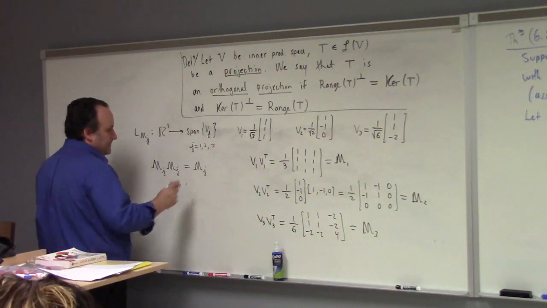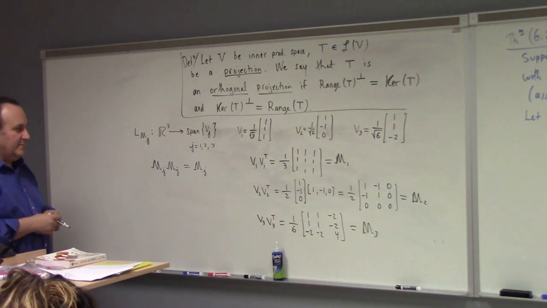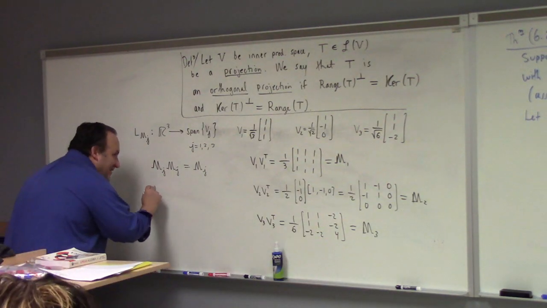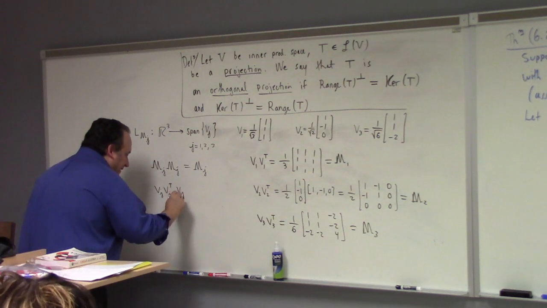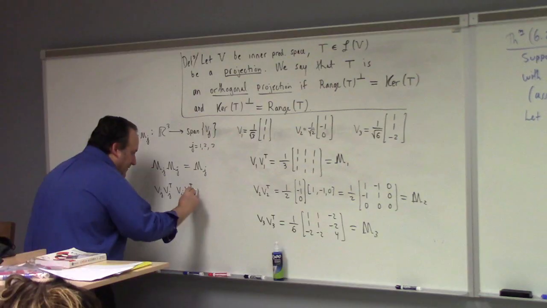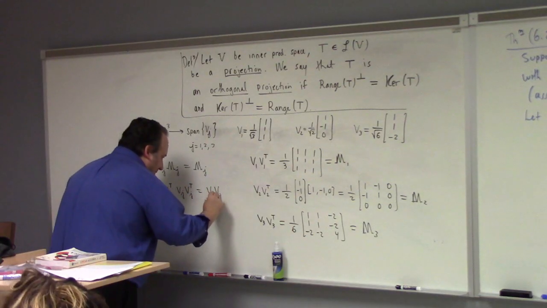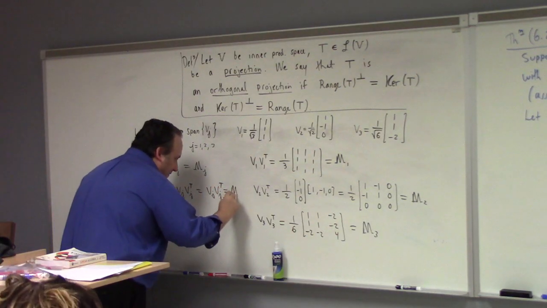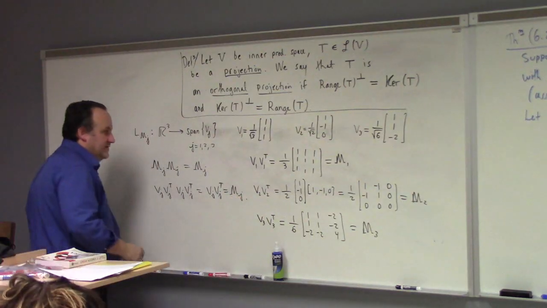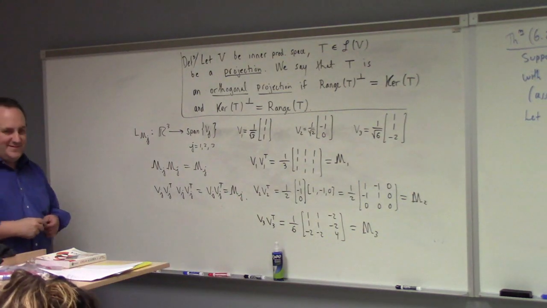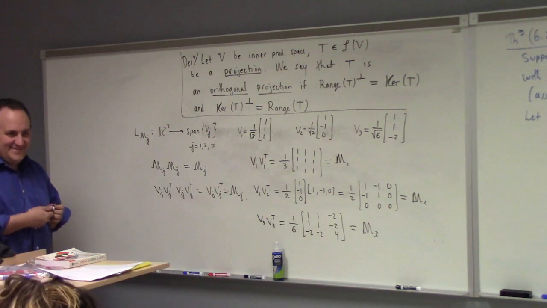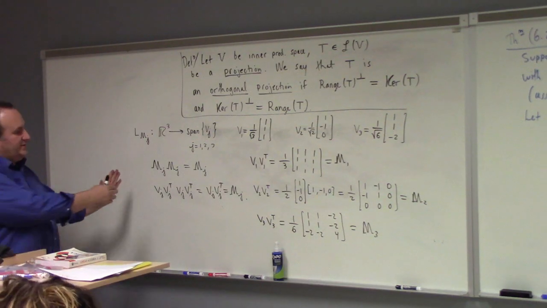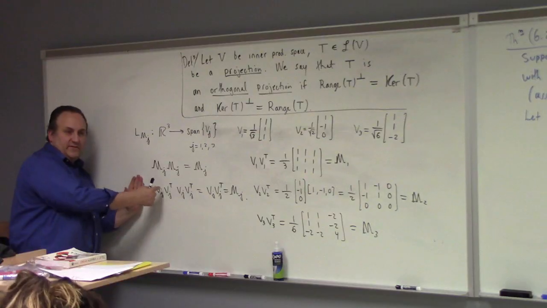Try it out. I'm going to try it out a different way. Vj transpose, Vj transpose is equal to M sub j. There's my proof. You use your numbers if you want to. I'll keep my letters. The definition of M sub j was Vj transpose.